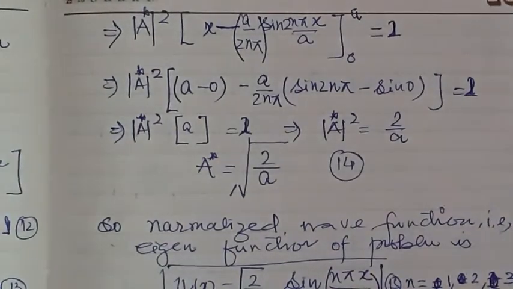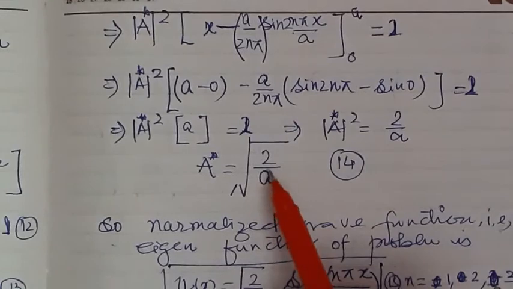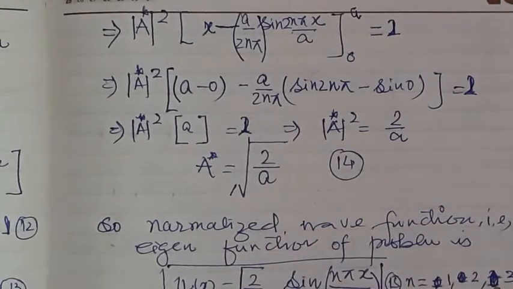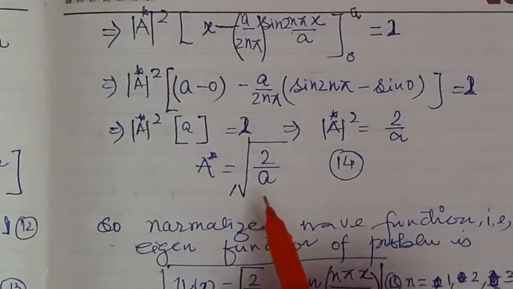After solving this, we get the value of A star as under root 2 by a. That is also known as the constant of normalization.